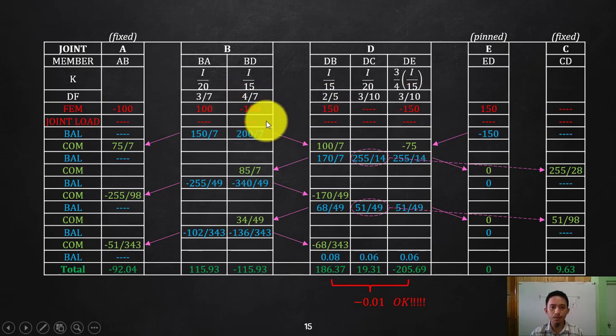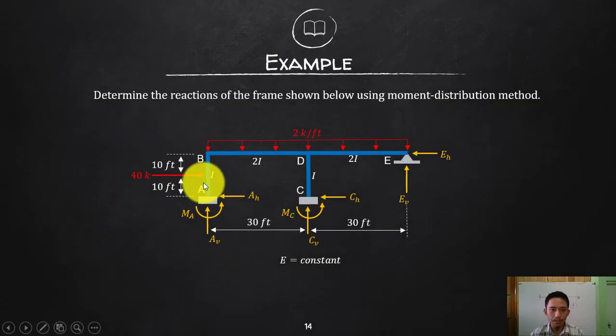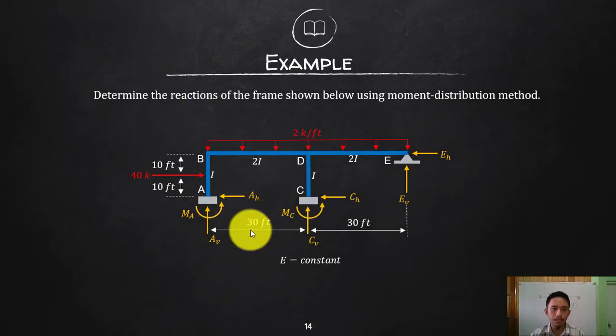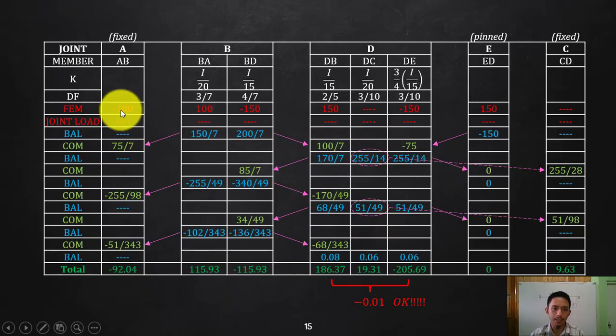Now, fixed end moments. There is a fixed end moment at AB that is PL over 8. Negative at A because it will be counter, so counterclockwise. So negative at AB and positive at BA, which is PL over 8. Our PL over 8 there is 100.